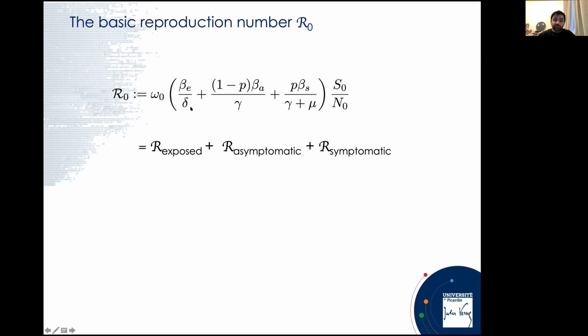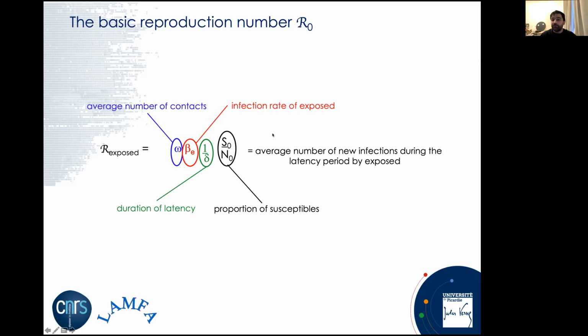Mainly you have three terms. One is due to the exposed, the asymptomatic, and the symptomatic. So p is between 0 and 1. If I come back to the definition before, you have the average number of contact, the infection rate due to the contact with exposed individual, the duration of latency, and the proportion of susceptible.